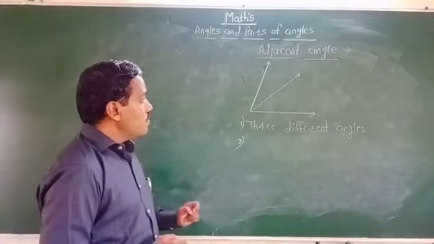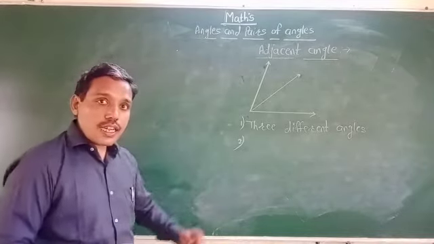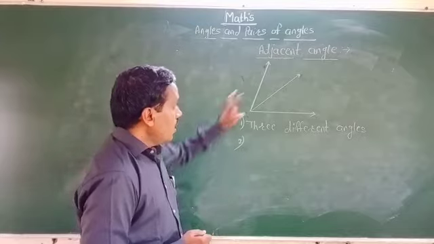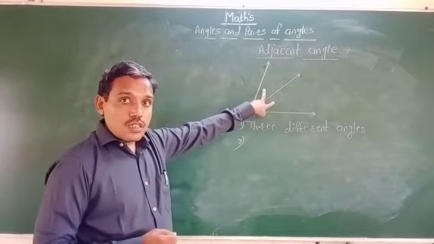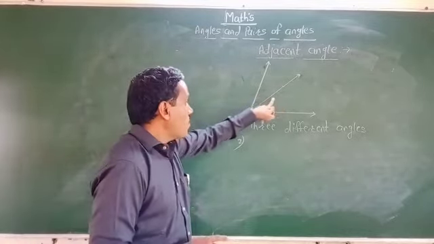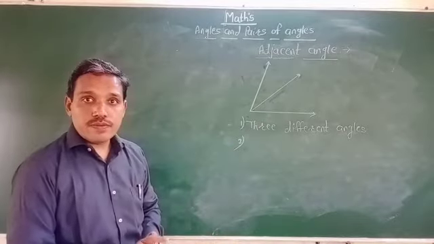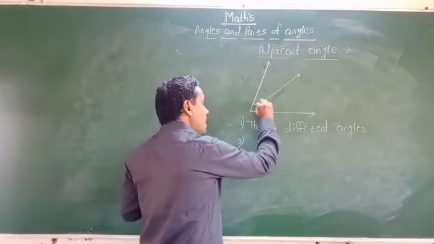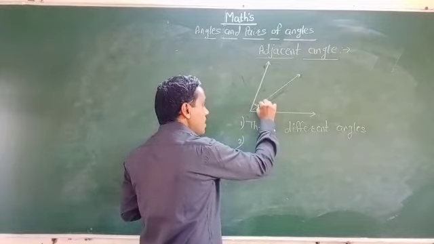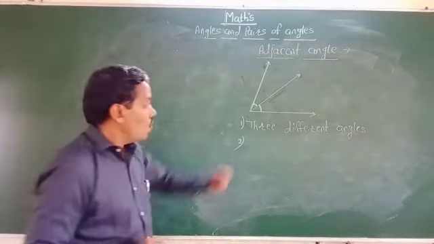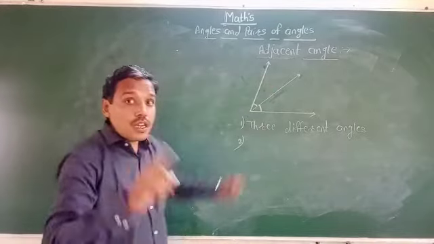When you observe it, in two angles, one arm is common. So that angle and that angle, both these two angles show one arm is common.